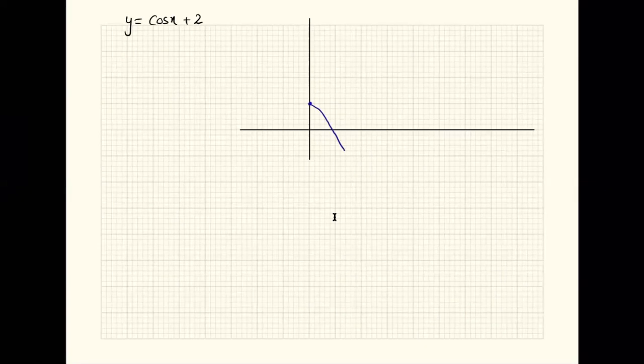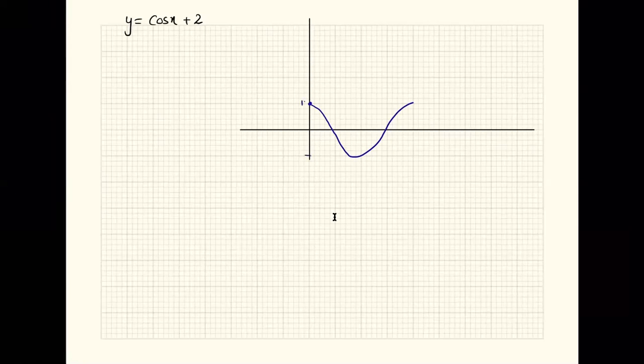If you had cos x plus 2, then this plus 2 is just responsible for the vertical shift. So if the graph was like this, if this was cos x, then cos x plus 2 would mean that every y value would be shifted 2 units up.